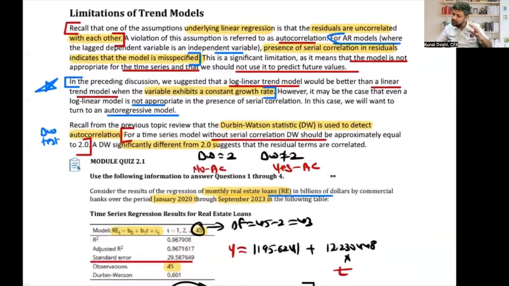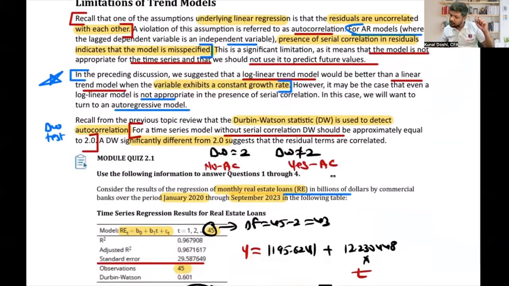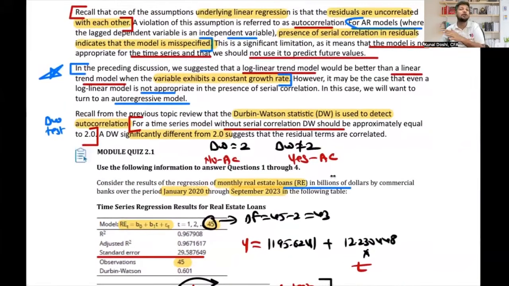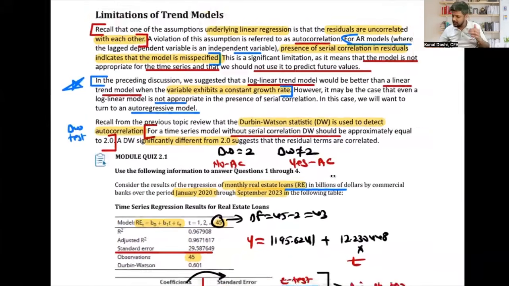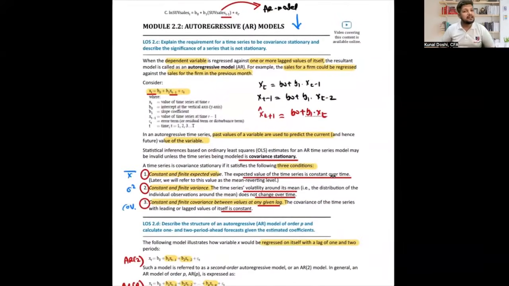And one of the assumptions which was being violated is autocorrelation or serial correlation, right? This was one of the most important assumptions of multiple regression, which is perhaps to be tested when you're using models with time series. Got it? After that, we did realize what is AR model, autoregressive model.